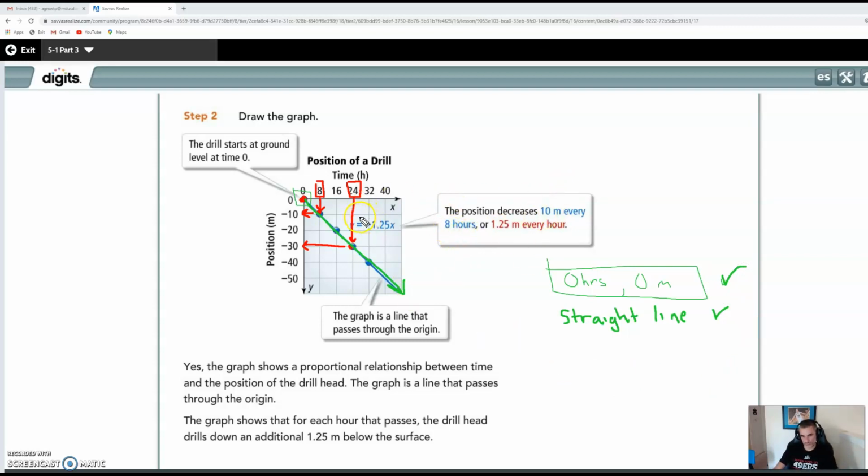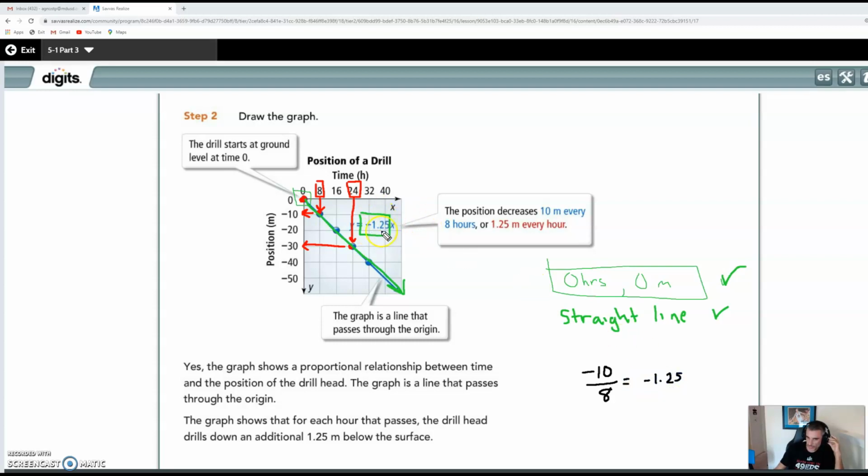And if you're curious where this number negative 1.25 comes from, well, if I decrease by 10 meters every 8 hours, remember, fractions are a division problem. So if you divide negative 10 by 8, negative 10 meters per 8 hours, this is going to equal negative 1.25.